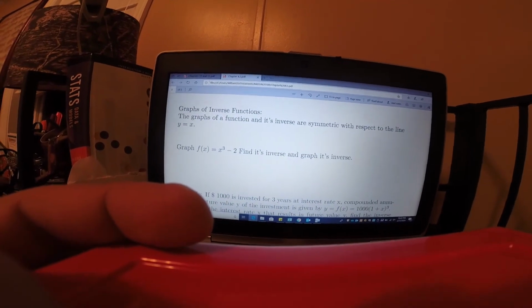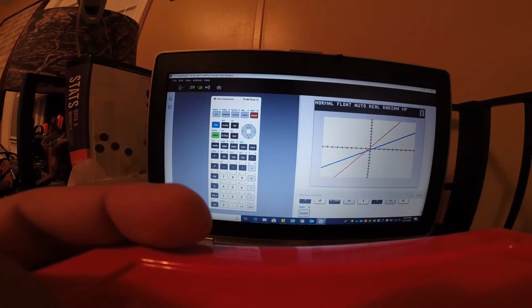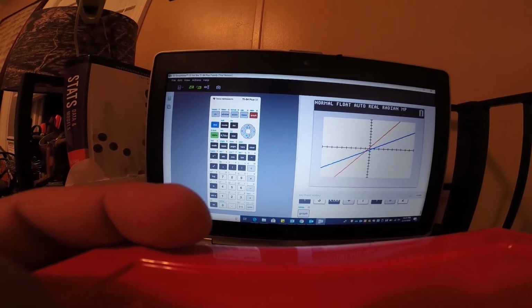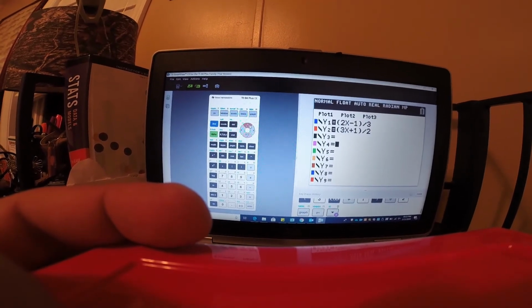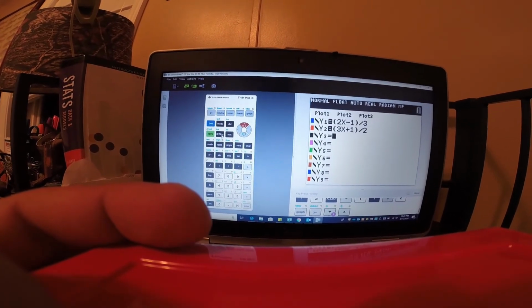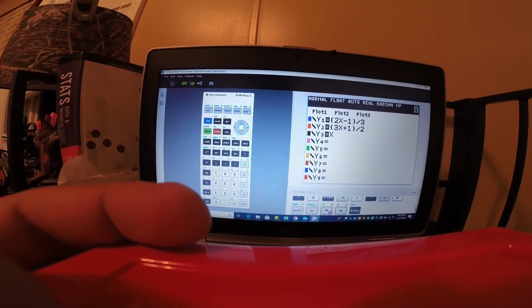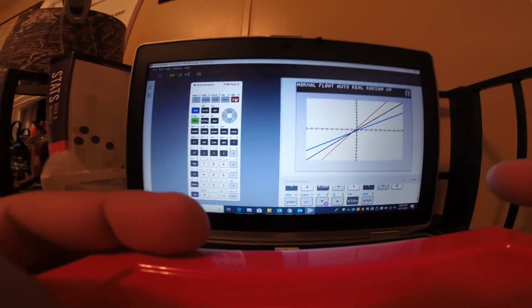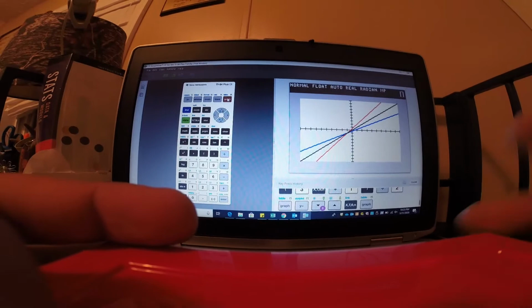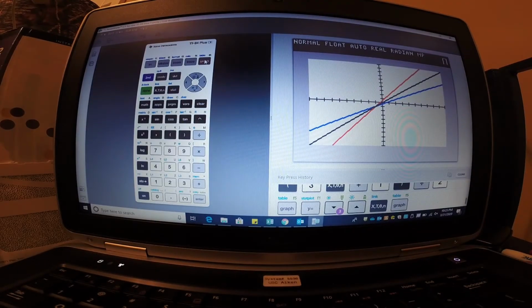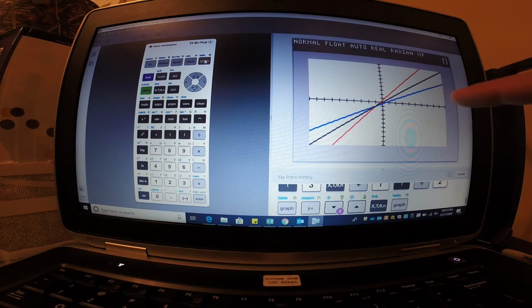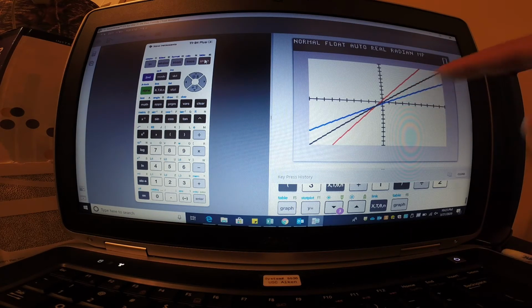This is important. That's why we needed to scroll down and read that next part so you wouldn't think I was just pulling something out of the air. I'm going to type in on my y3, y equals x. Okay? If I graph this, you'll notice we've got 3 lines. So, I'll move you forward a little bit. Maybe that'll help. We've got the blue line, the red line, and then our y equals x, which is the black line.